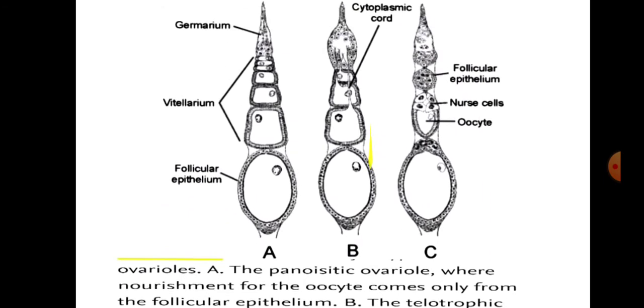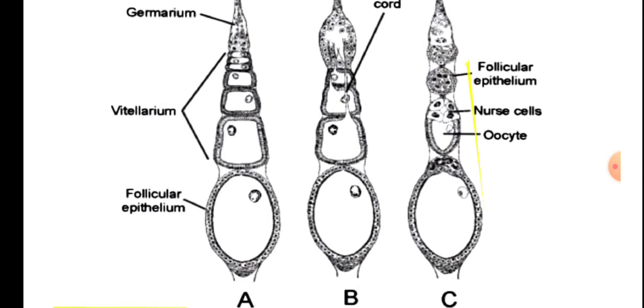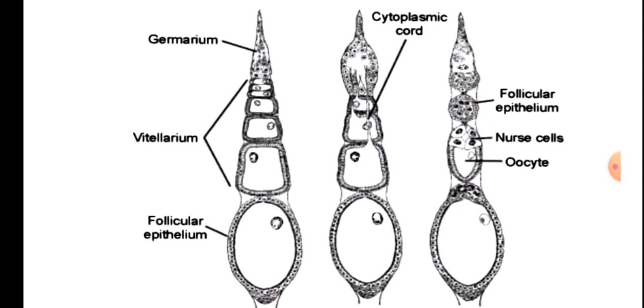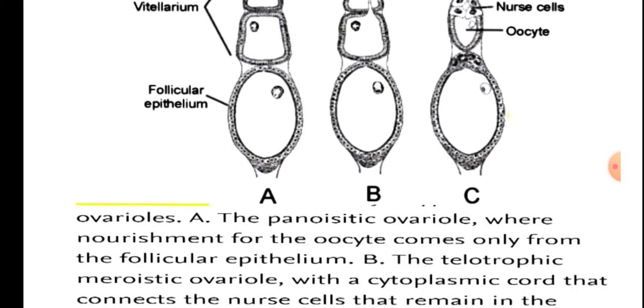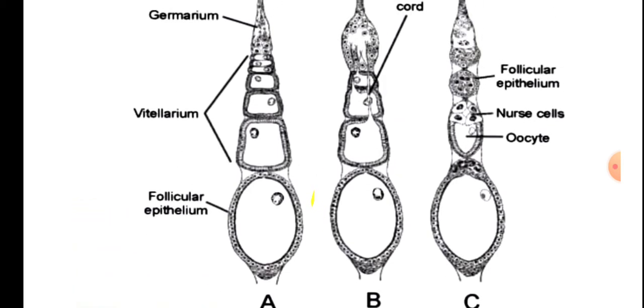So, here we can see the first, the panoistic ovariole, where the nutritive cells are absent and nutrition for the oocyte comes from the follicular epithelium.